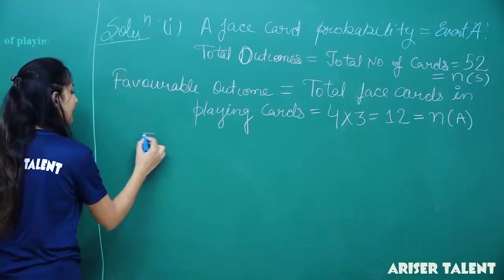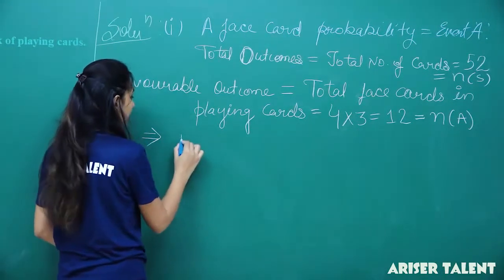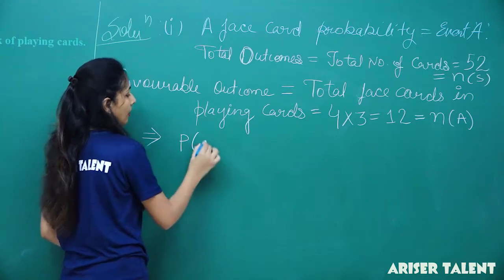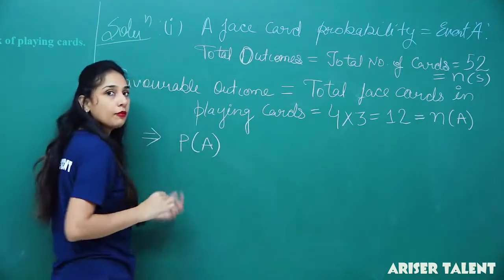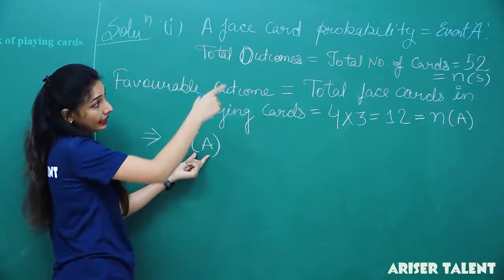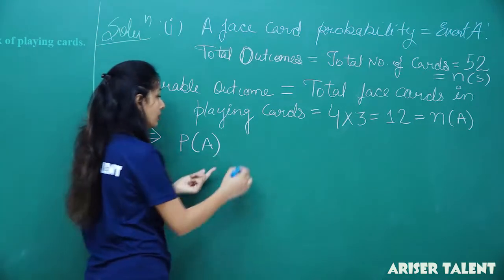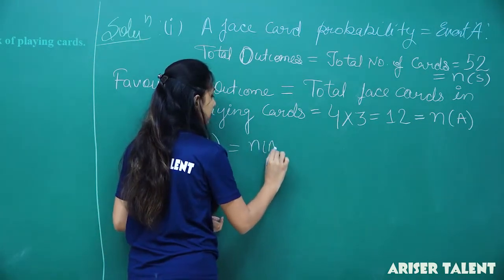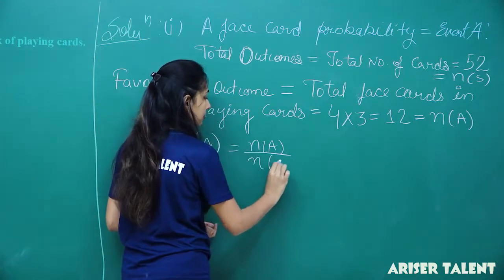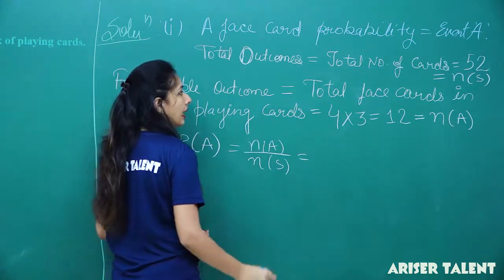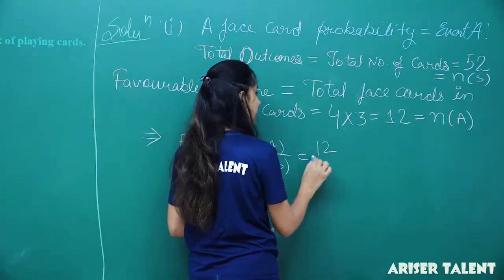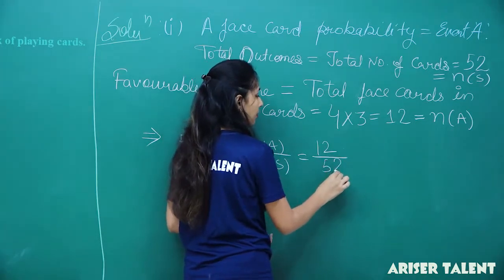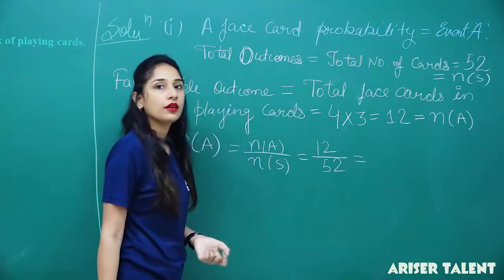Now, this implies that probability of getting a face card, that is event A, is equal to NA by NS, and that will be equal to NA, which we have calculated as 12, and NS is 52.